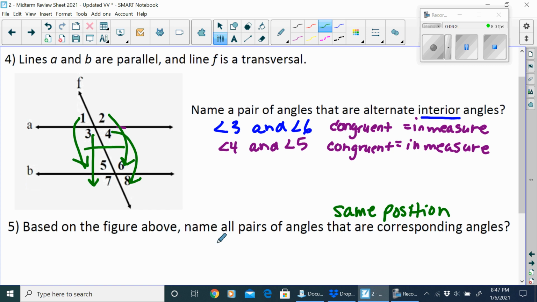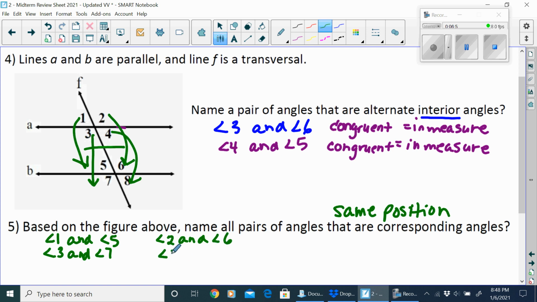So let's write these angles. Angle 1 and angle 5. They hold the same position. They're corresponding. Angle 3 and angle 7. Angle 2 and angle 6.